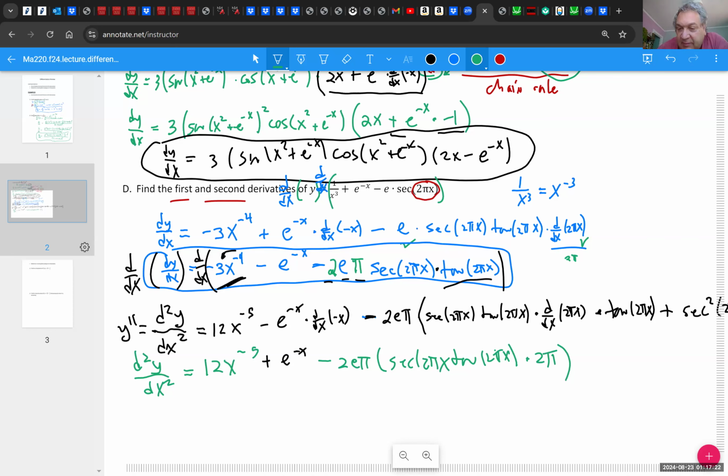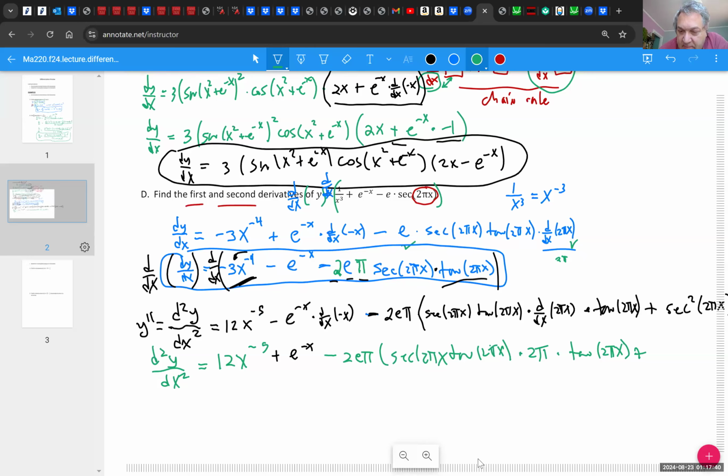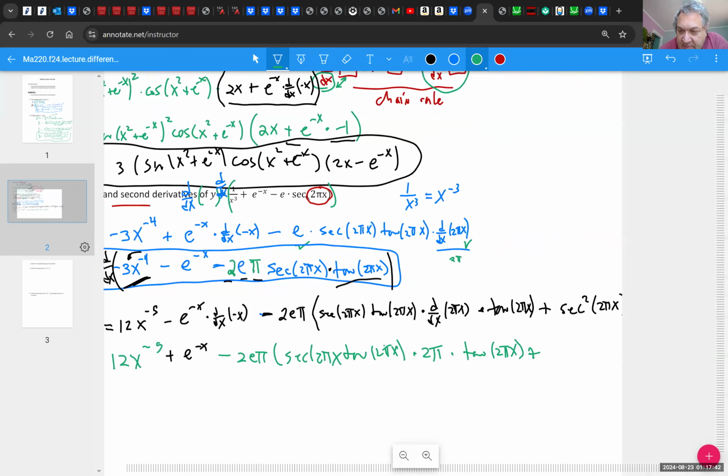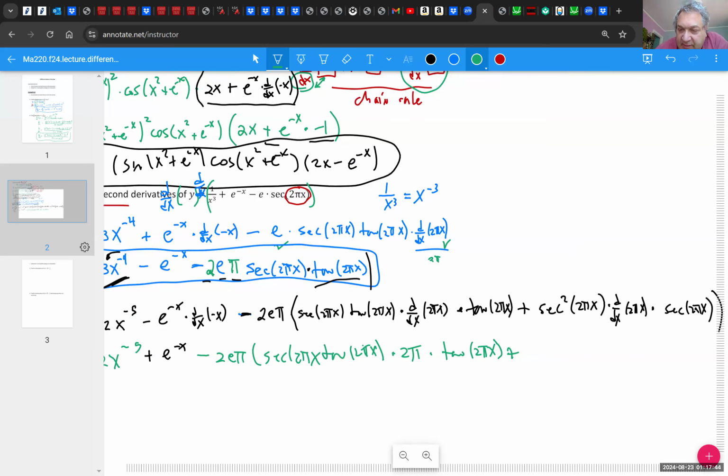We have times tangent 2 pi x. And then we have plus some more stuff. This is secant squared times another derivative.